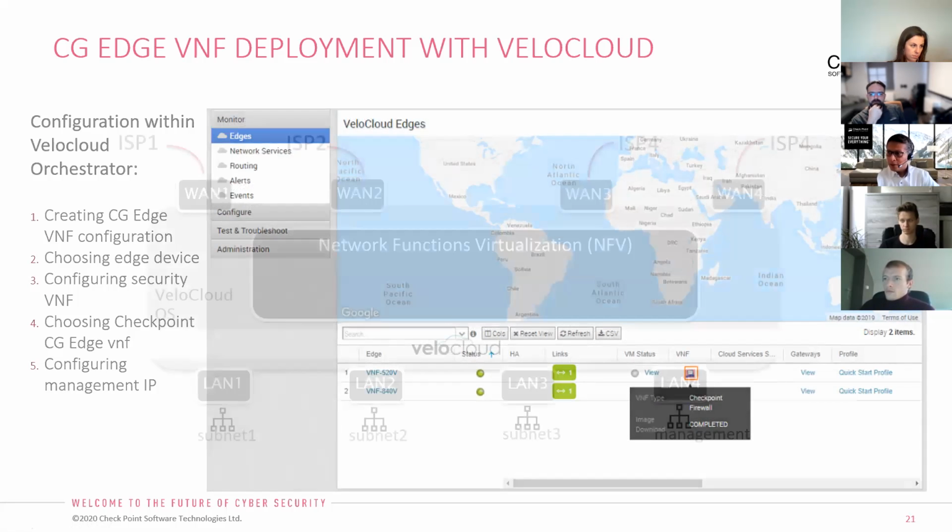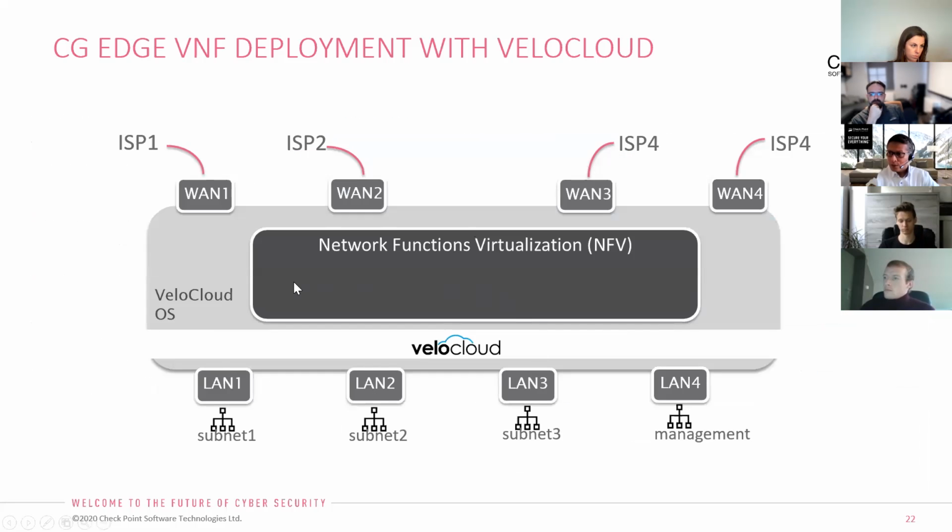So how does it appear? Suppose that you've defined the complete routing, the complete policies on your gateways, on the VeloCloud, on the SD-WAN Edge orchestrator solution. The way that we will appear in this environment is that we would just appear as an extra bridging, in fact.